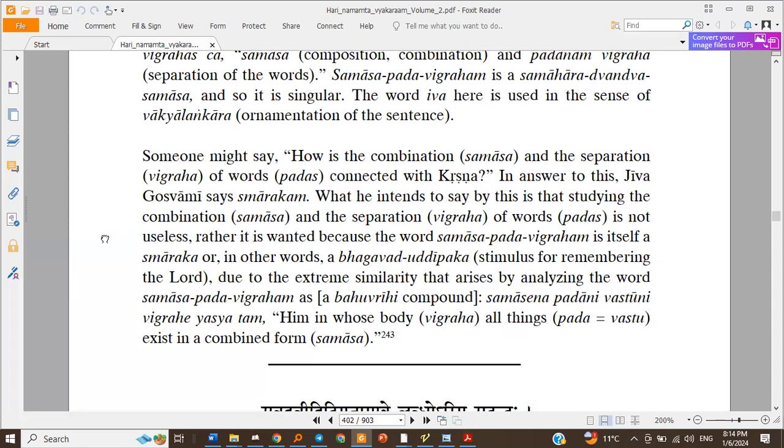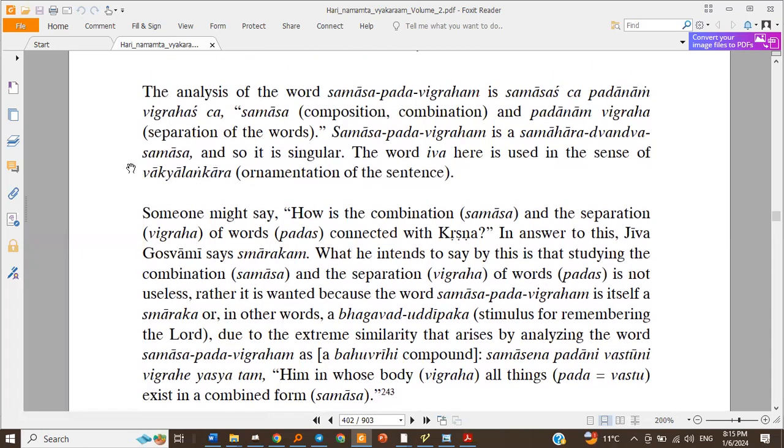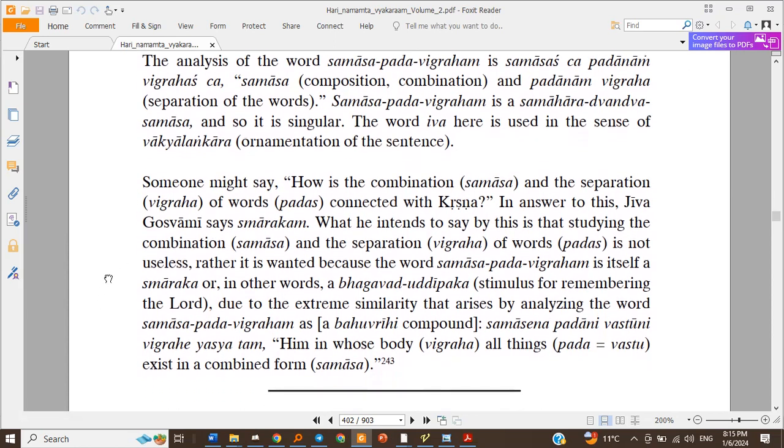Now, samasa is something where a lot of speculation can be done, and actually happens, because there are many kinds of samasas, mainly categorized into six, and then of course there are divisions of them again. For example, in the main shloka, the word was samasa pada vigraham.